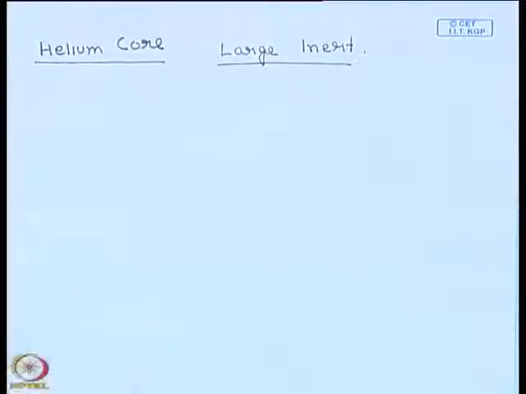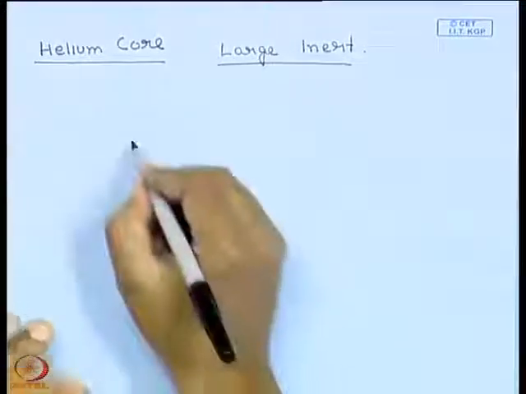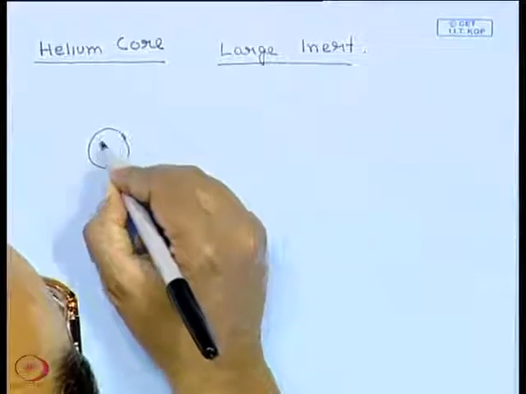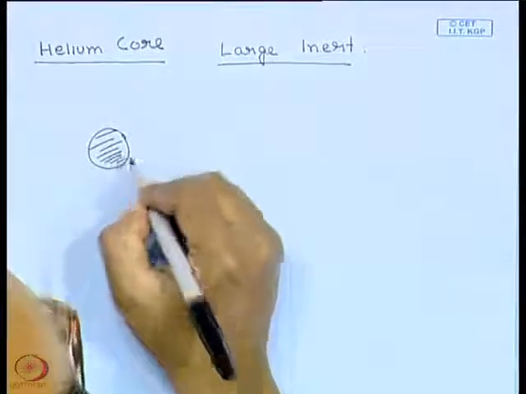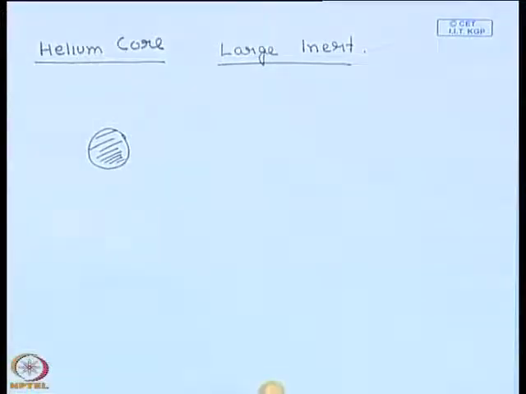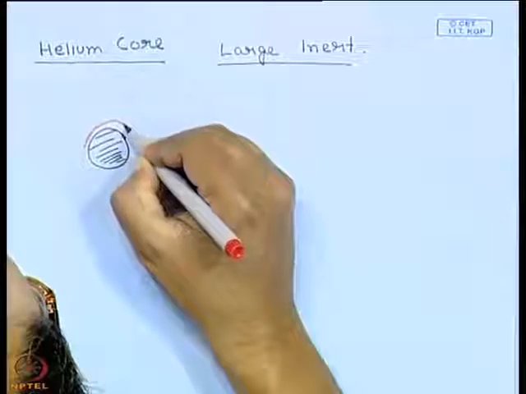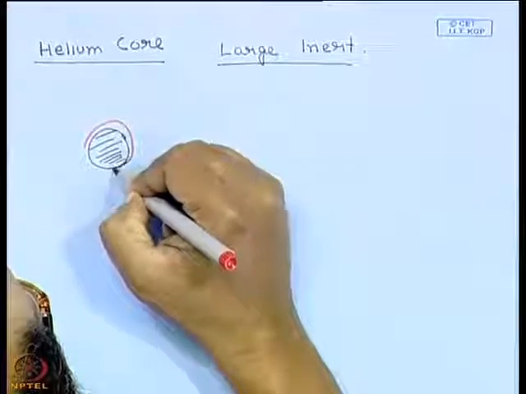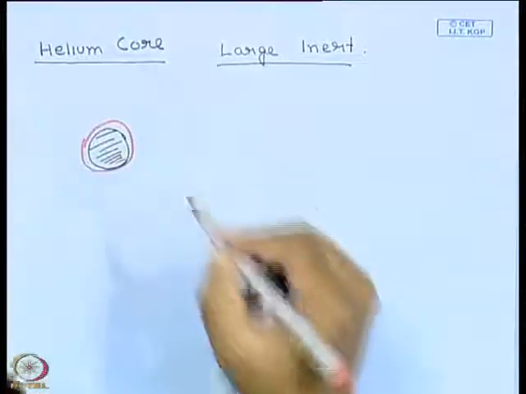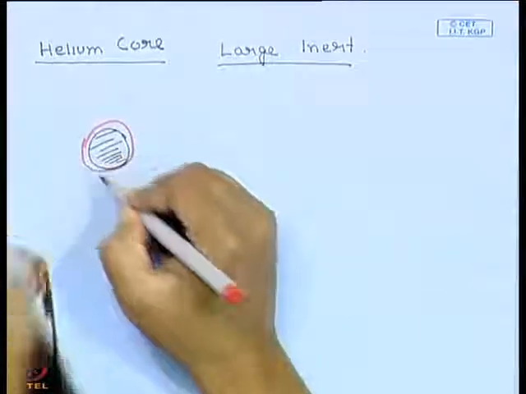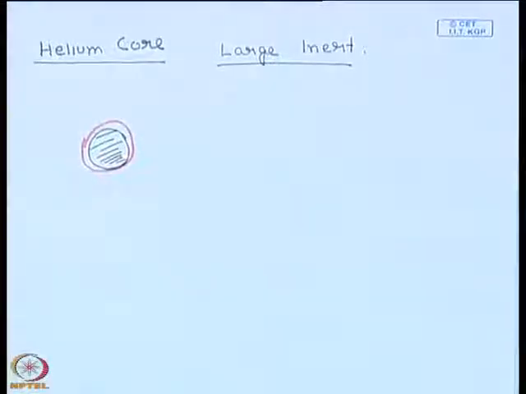Okay, so we have a helium core which is largely inert. So this is the helium core in the center, and there is a shell of hydrogen still being burnt outside it. Hydrogen burning is still in progress in a shell outside it. Okay, so there is a shell like this where hydrogen burning is still in progress.